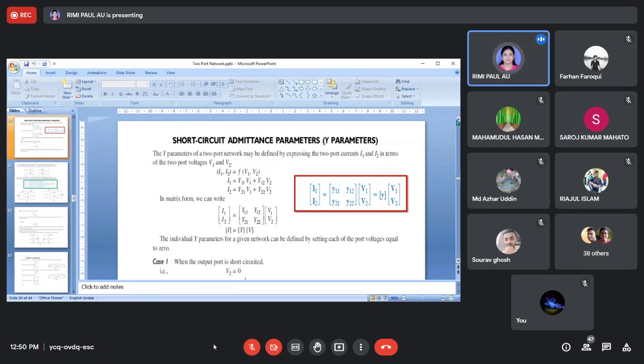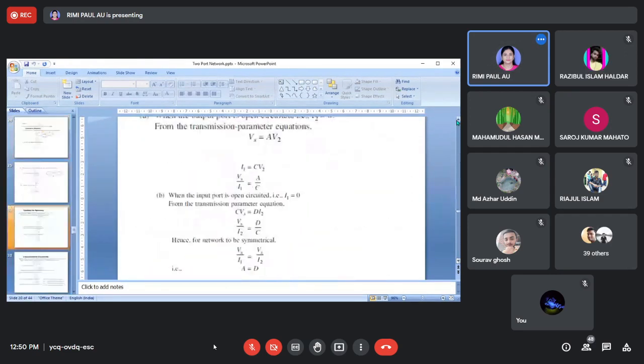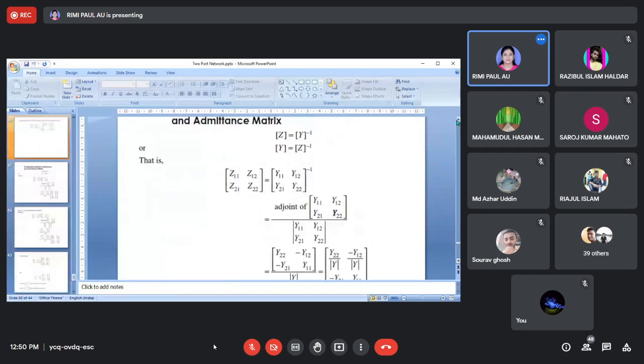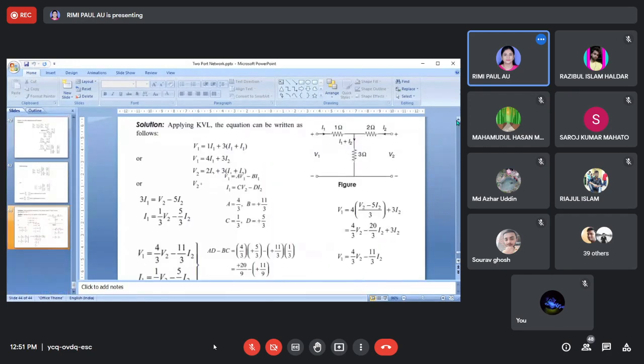If you can find the Z parameters of a network, suppose I have given you this network and you can find out the Z parameters from it, then you just have to take the reciprocal of these Z parameters.